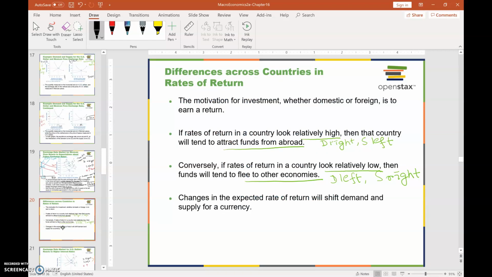Now let's look at another reason why the demand curve and the supply curve will shift. Say the rate of return in a country is relatively high, then that country will tend to attract funds from abroad, and the demand curve will shift to the right and the supply curve will shift to the left simultaneously.